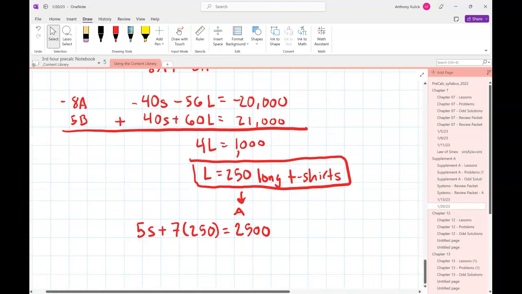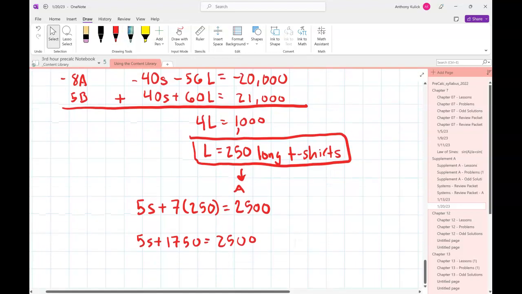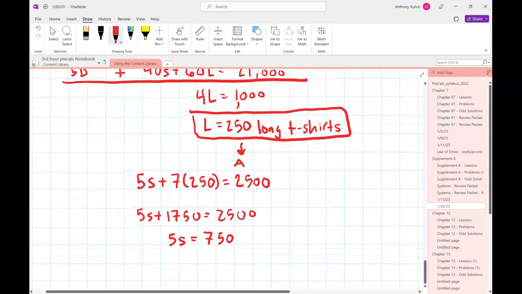Okay. 8 times 250 is going to be 2,000, so that's going to be 1,750 then. Again, use your calculator. I'll subtract 1,750 from both sides. That's going to be 750. And 750 divided by 5 is 150.